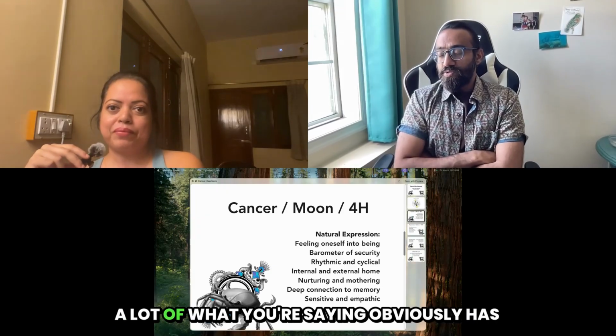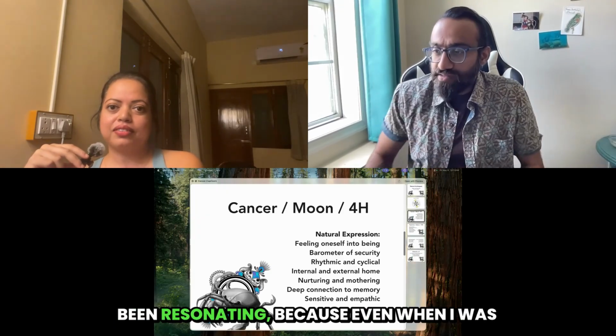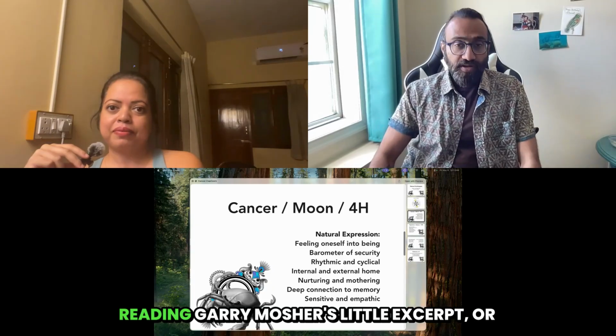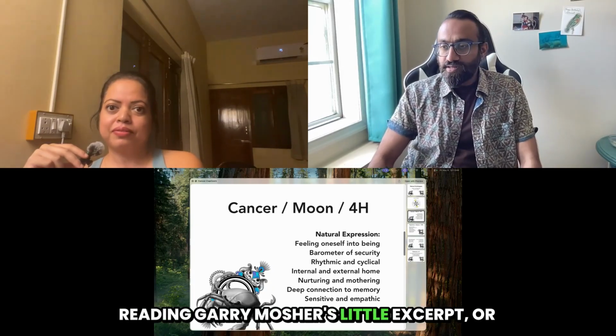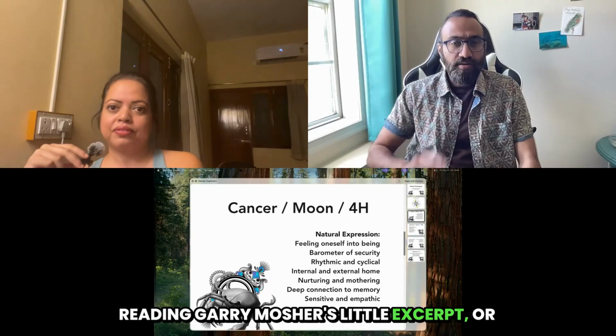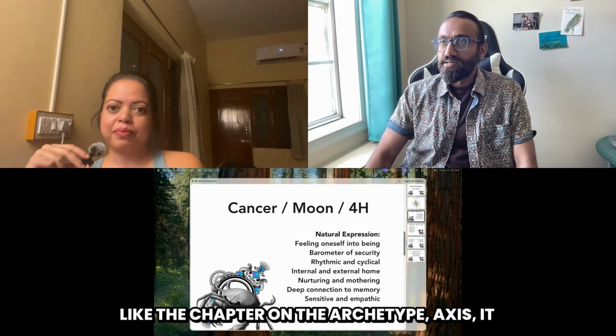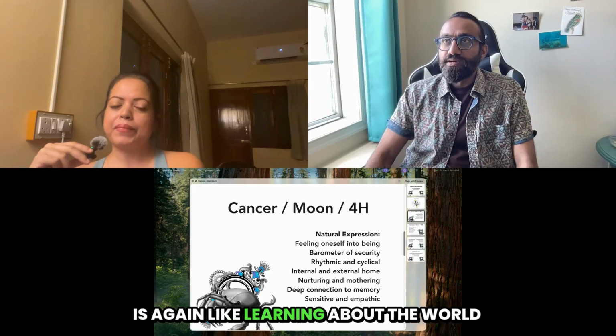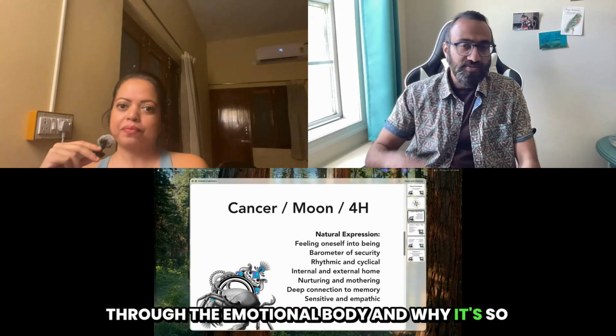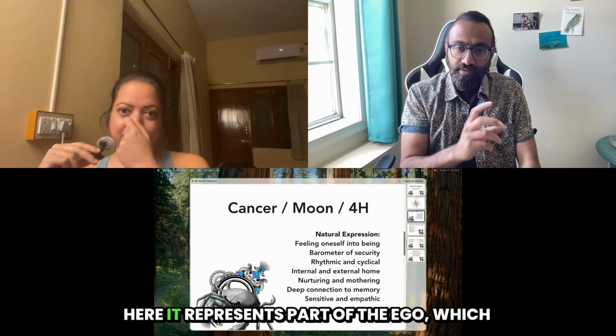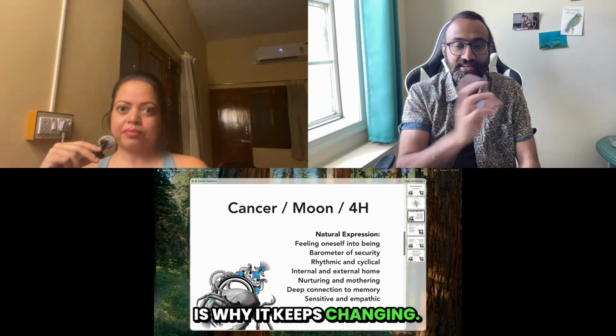A lot of what you're saying has been resonating, because even when I was reading Ari Moshe's excerpt, the chapter on the archetype, this axis, it is again learning about the world through the emotional body and why it's so fluctuating, and it represents part of the ego, which is why it keeps changing.